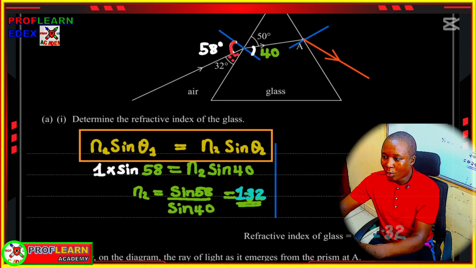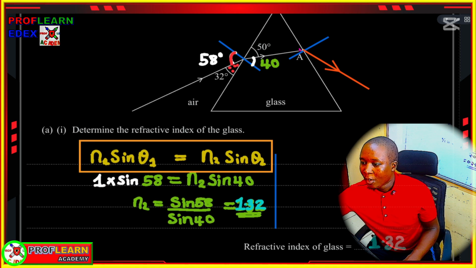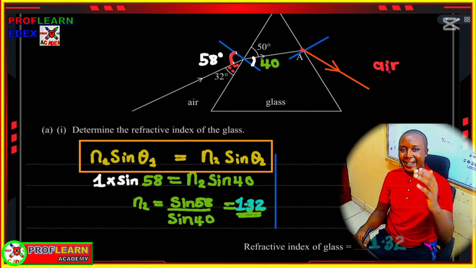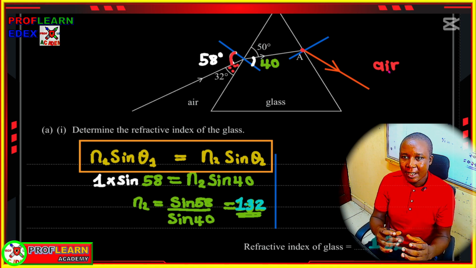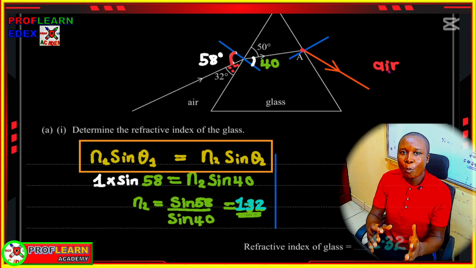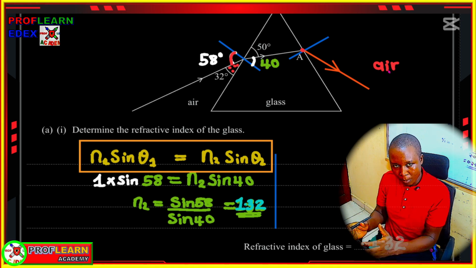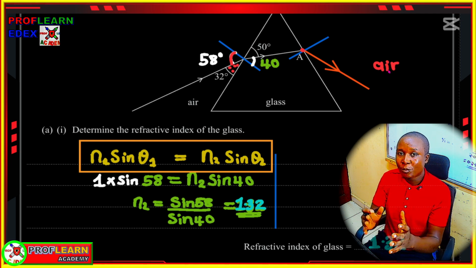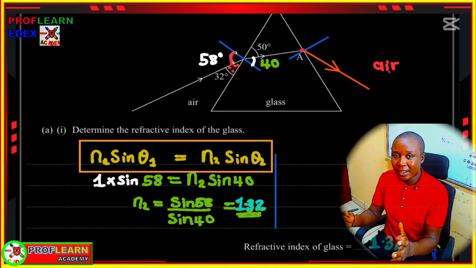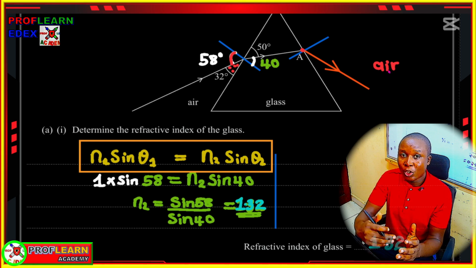So we're going to look at that. At A, we have a ray moving from glass back to air, which means it's moving from a dense medium to a less dense medium. That means the ray of light is going to bend away from the normal, because as it moves from a dense medium to a less dense medium, the light is going to speed up.